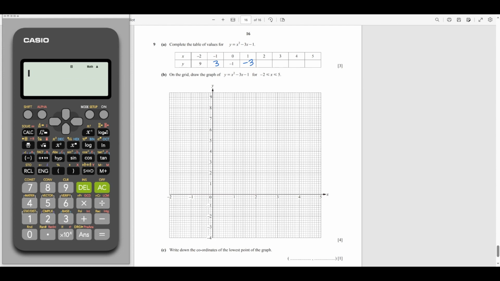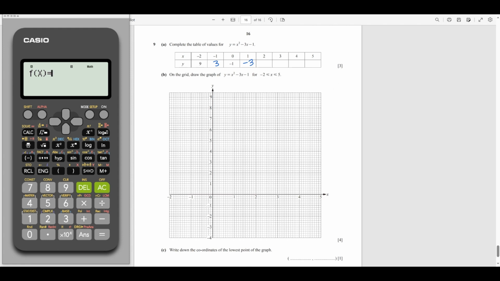Another efficient method, and that's the method I prefer and I use, is by using table method. Now for that we need to go to this mode button and see this table on the key 7. I'm going to press 7 for the table, and this function of x basically means y. I'm going to input my function of this x squared minus 3x minus 1 here.